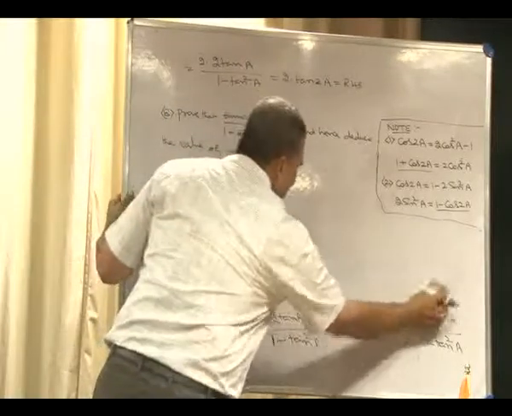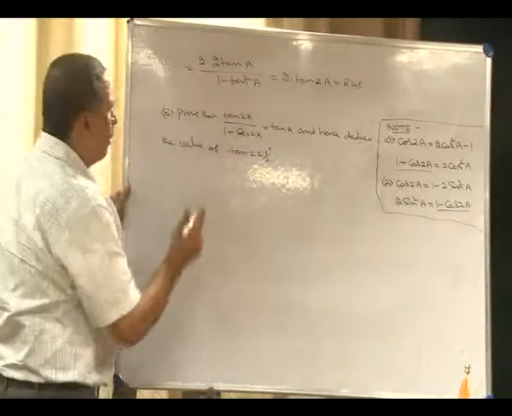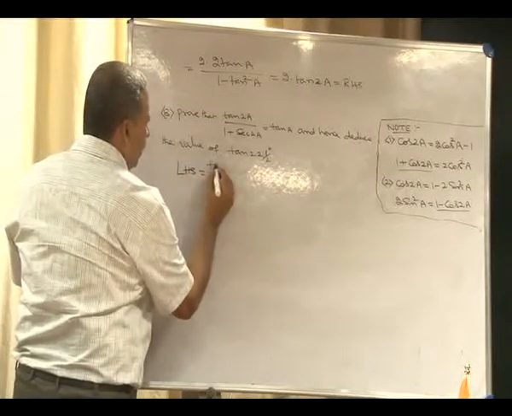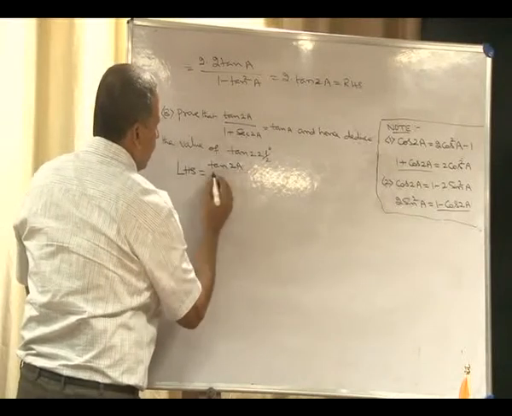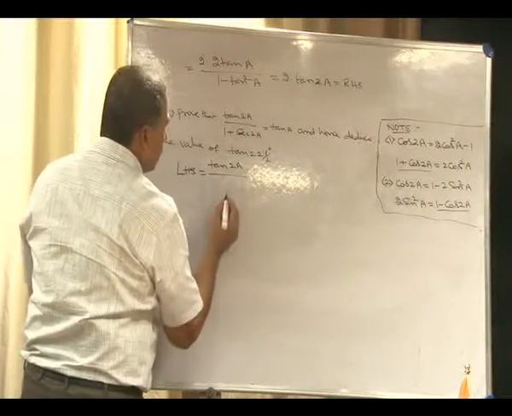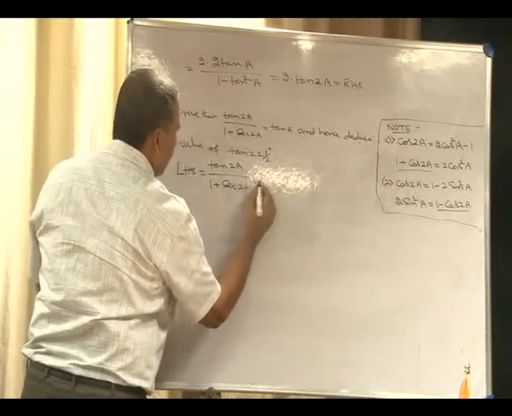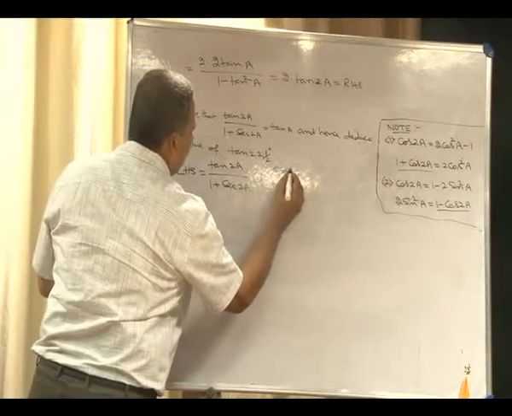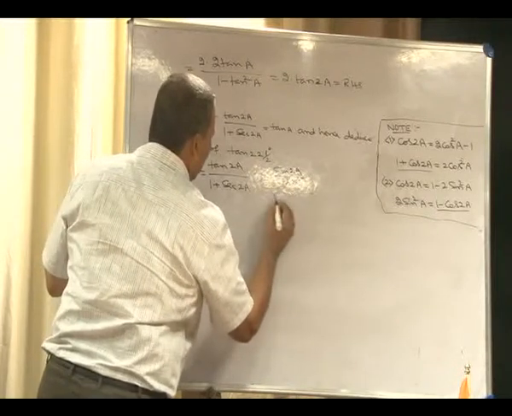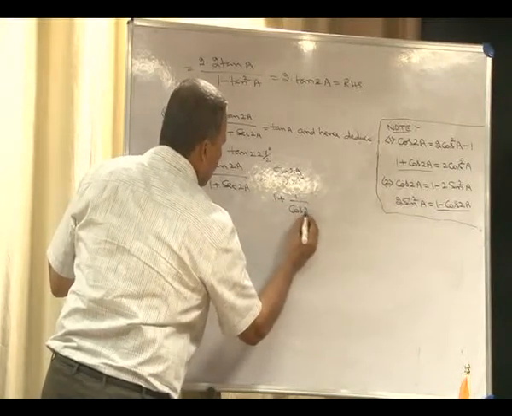Tan is sin by cos. In the left hand side there is tan 2A by 1 plus secant 2A. Express tan as sin by cos. In place of tan 2A, substitute sin 2A by cos 2A, that is sin 2A by cos 2A by 1 plus secant 2A, where secant is 1 over cos, so secant 2A is 1 by cos 2A.